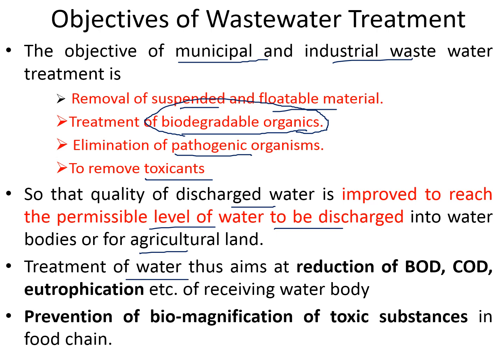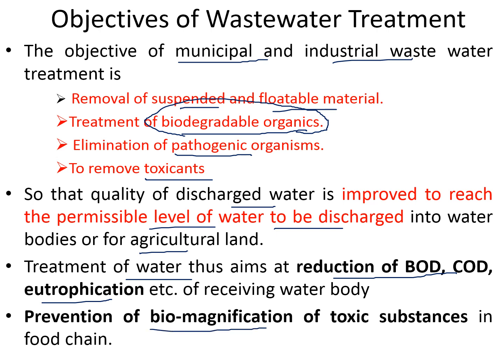So basically treatment of wastewater aims at the reduction of BOD and COD. Also it should not be responsible for eutrophication, meaning it should not enrich the level of nutrients in your receiving water body, otherwise it will result in eutrophication.